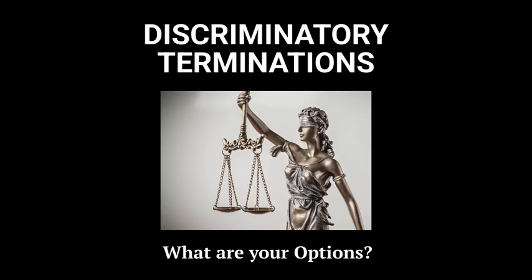An investigation shows that the employer hired a replacement employee and the reason for the termination was actually the employee's race. This termination is discriminatory. The employee can make a human rights complaint against the employer within 1 year of the termination.